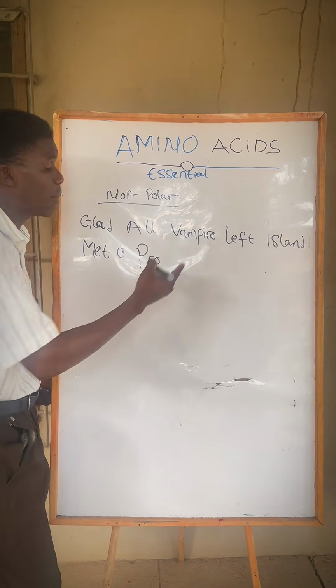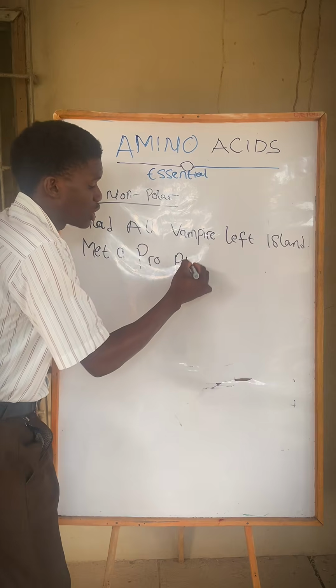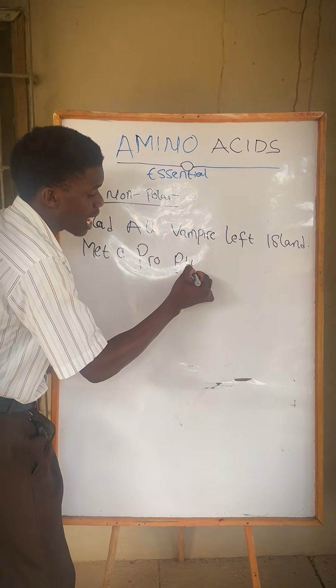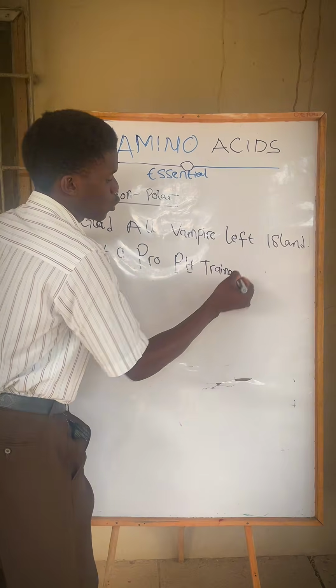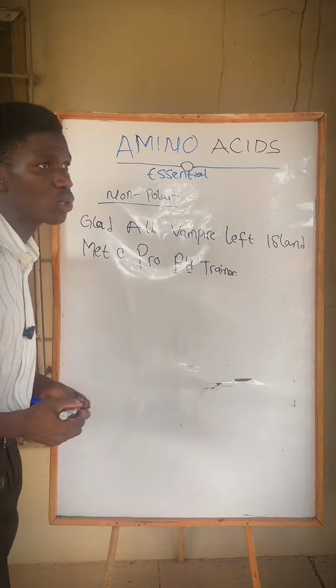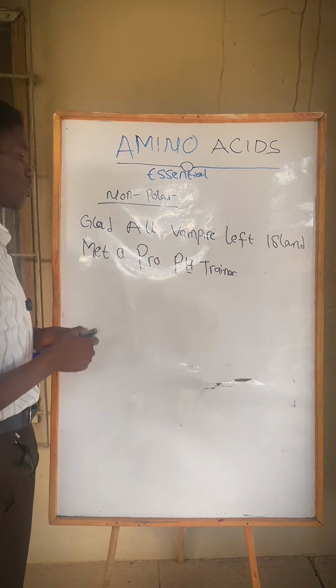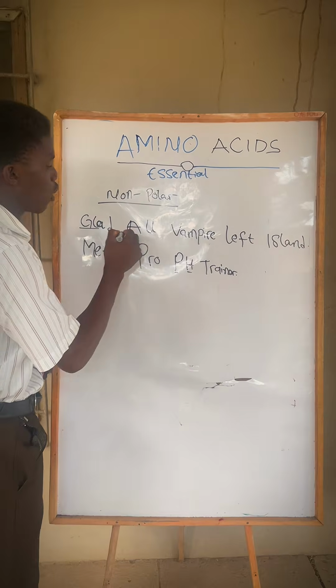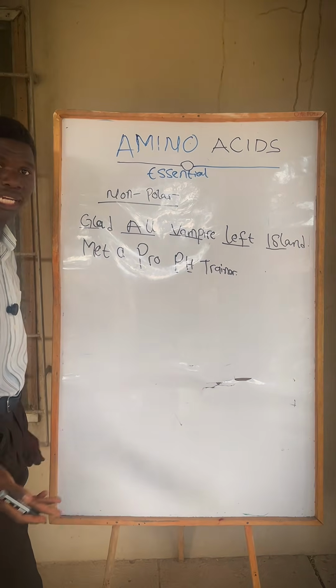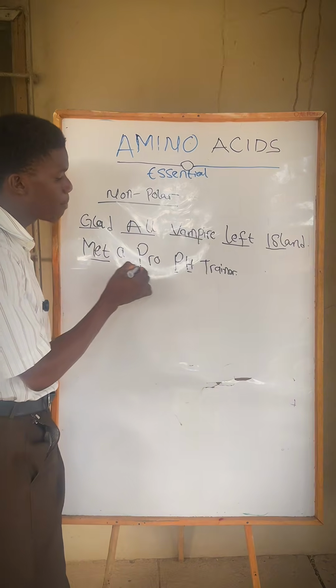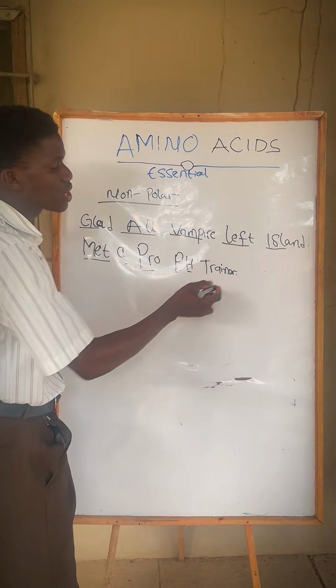The public health can be shortened to PH, that is public health trainer, somebody that can help them with their health. You know, as vampires, they need a good health trainer. So glad all vampires left the island. Why did they leave? Because they met a professional public health trainer.